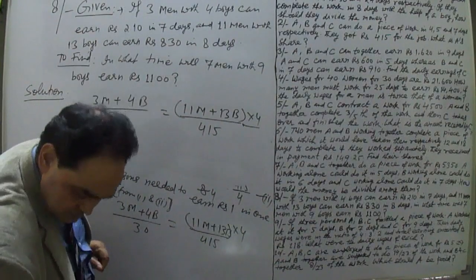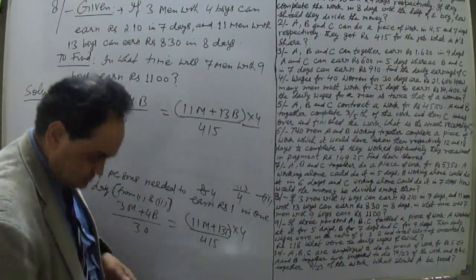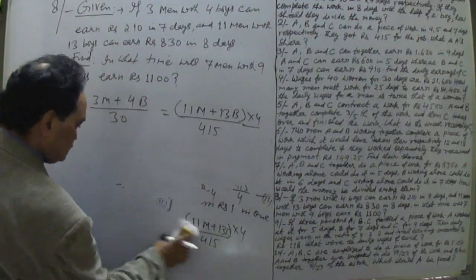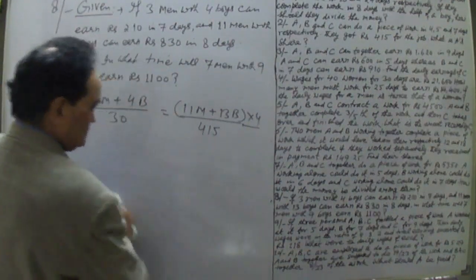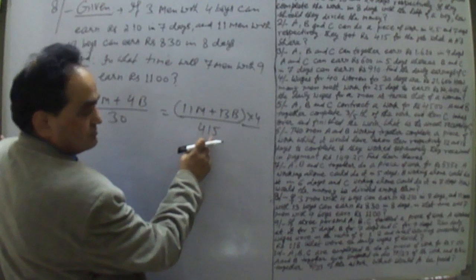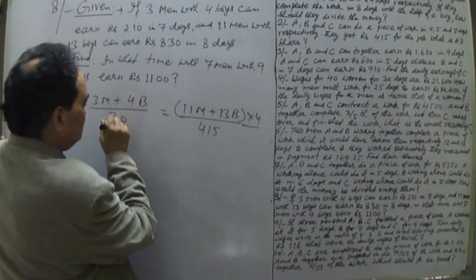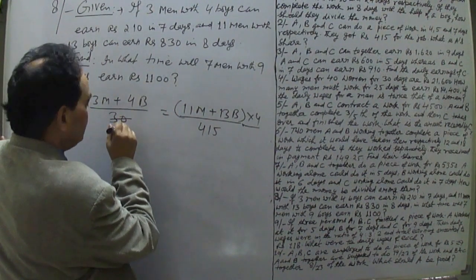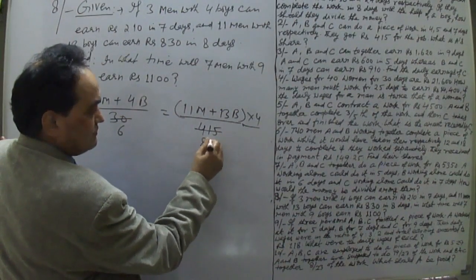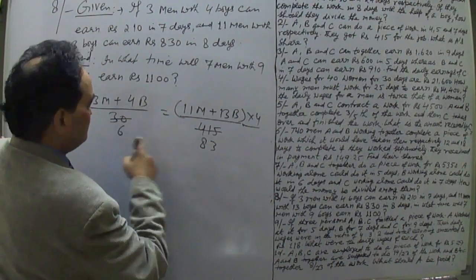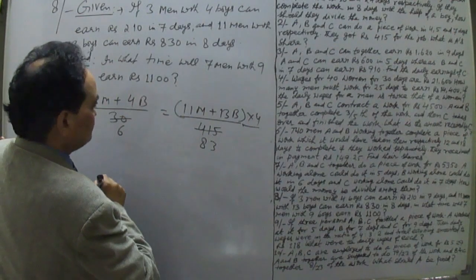Now let me further solve it. Let me cancel by 5. 30 divided by 5 is 6, 5 8s are 40, and 5 3s are 15, so 83, and this is 6.